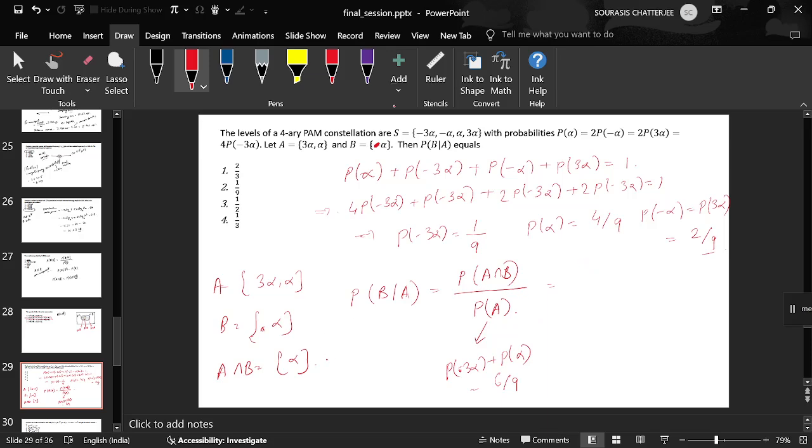The probability of A intersection B is the probability of alpha, 4 over 9. This is 4 over 9 by 6 over 9, so that is 2 over 3. So the first one is the correct one.